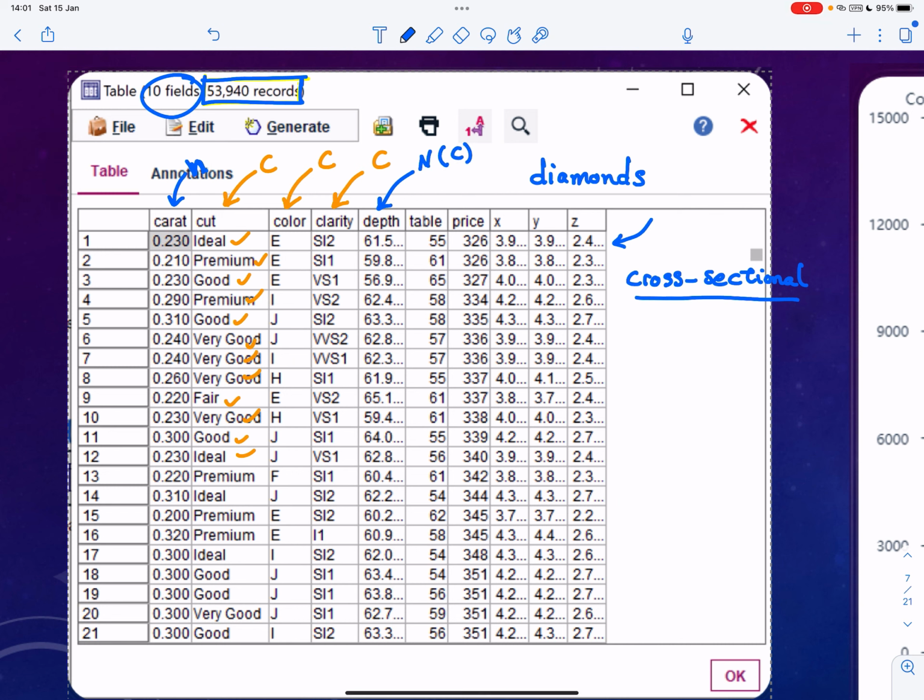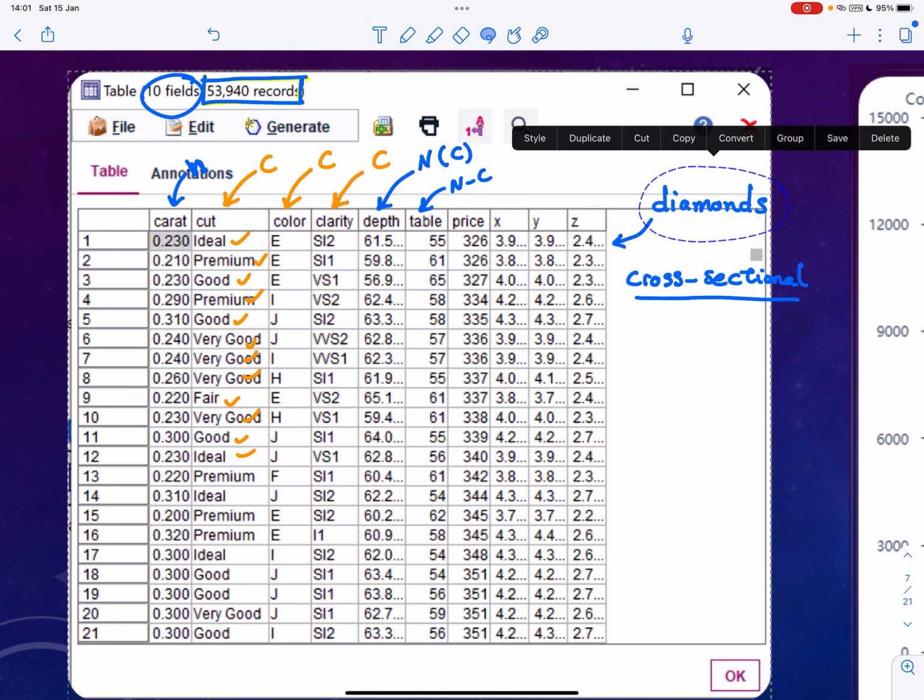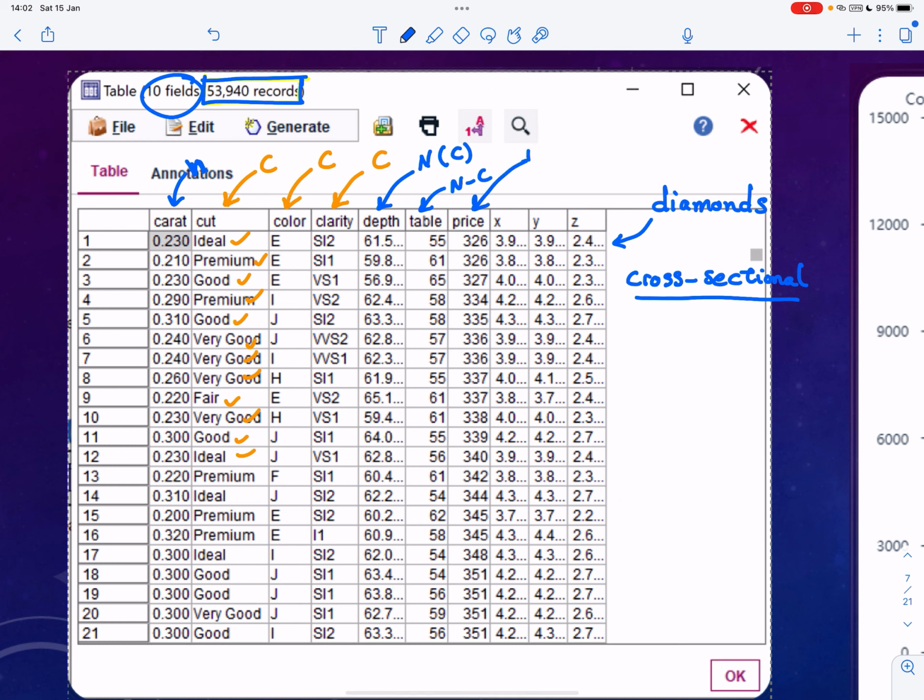It is not discrete. What about table? It is numerical and continuous. What about the price? So let me move these diamonds here. These are diamonds. What about the price? It is numerical and continuous. About X, Y, Z, to me all seem numerical and continuous.